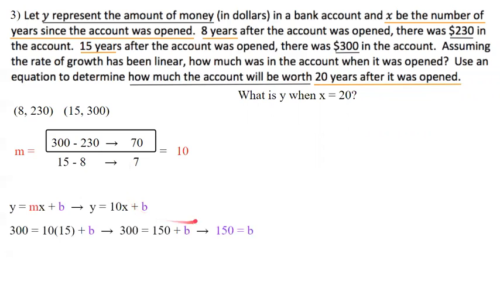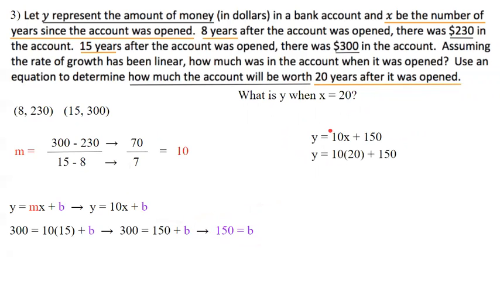Solve for b, and we'll find that b equals 150, allowing us to put together the final equation of y equals 10x plus 150. Finally, we want to know what y is when x equals 20. So naturally, we'll substitute 20 for x and solve for y. That'll give us eventually our answer of $350.